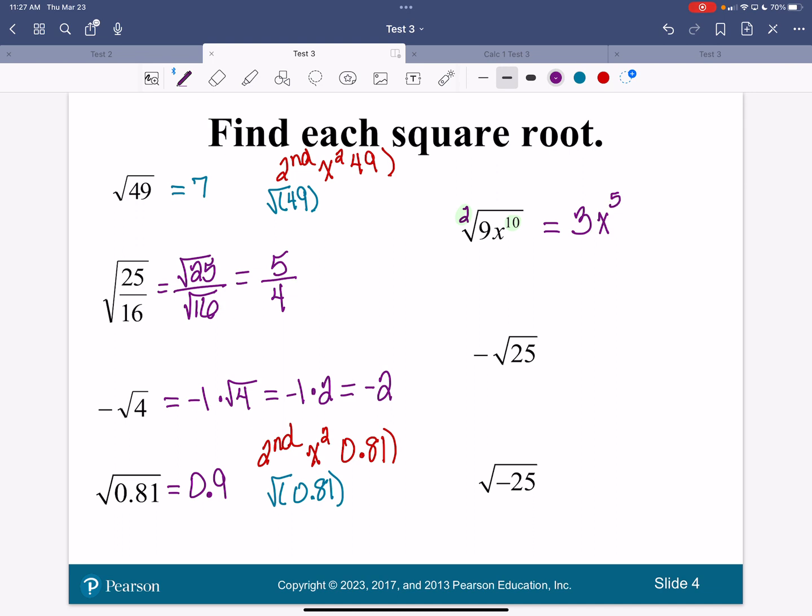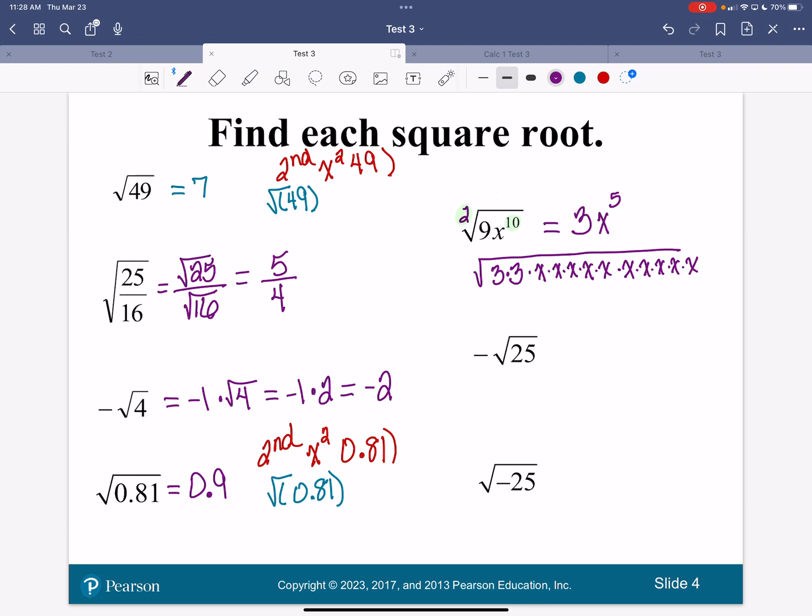Now, I'm going to write this out a little bit different because next week we'll have to do some this way. 9 is just 3 times 3. I'm going to write out x to the 10th. That's x times itself how many times? 10. Okay, so it's going to be x times x times x times x times x times x times x times x times x times x. Okay?